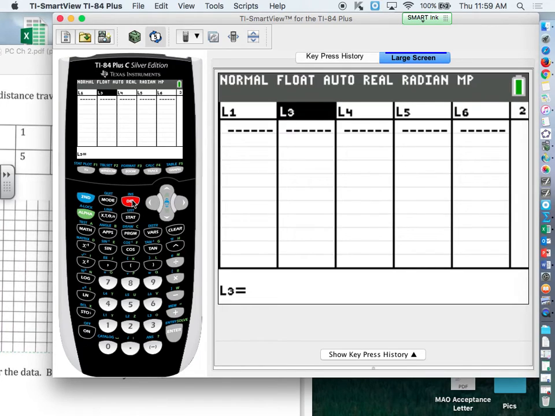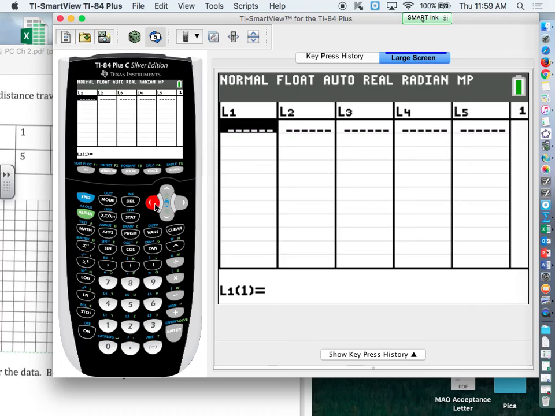You see I don't have a list 2 there. If you go to the top of the list, I want to put list 2 right where this list 3 is sitting. If you hit the second key and the insert button, now it's ready to put a list in there. It wants to know what you want to call that list. I'm going to call it list 2. And list 2, if I hit the blue button first, it's in the number 2. And that puts it back in there, because sometimes people delete lists.